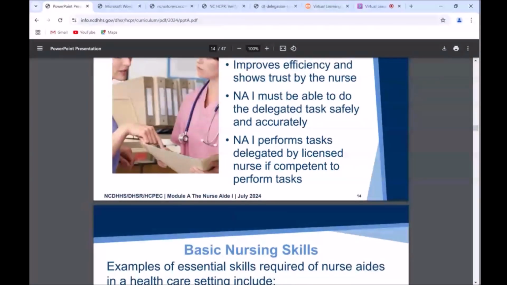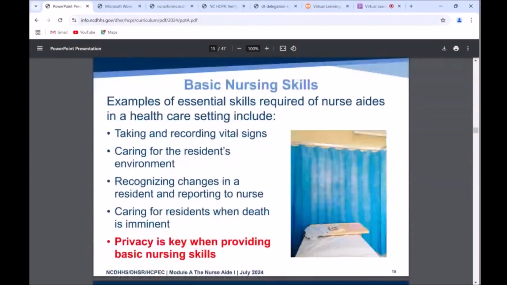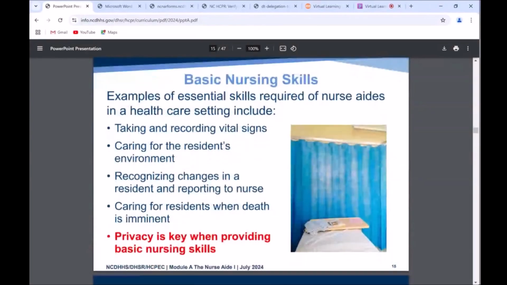All right, basic nursing skills. These are essential skills required of the nurse aide to deliver competent care to residents in the healthcare setting. Some examples are going to be taking and recording vital signs, caring for the resident's environment, recognizing abnormal changes in a resident and reporting those changes, and then caring for the resident when death is imminent.